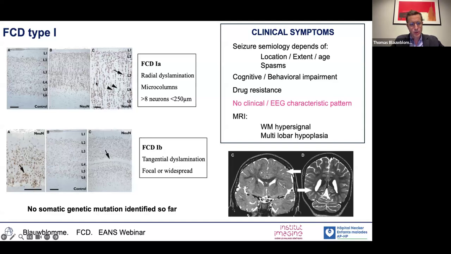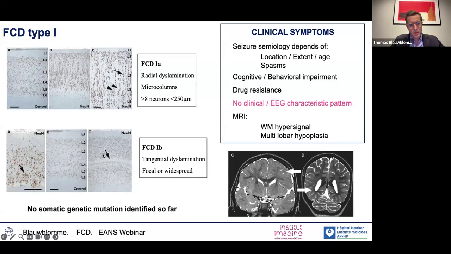So here is an example with a NeuN immunostaining of FCD type 1A, where you see that the cortex looks too well organized. You see these microcolumns, and this is clearly the hallmark of the FCD type 1. You have a radial dyslamination with microcolumns.